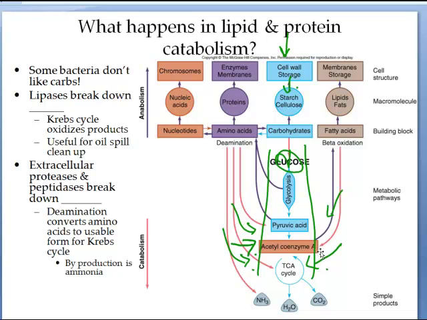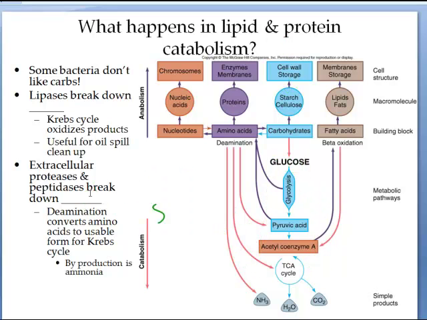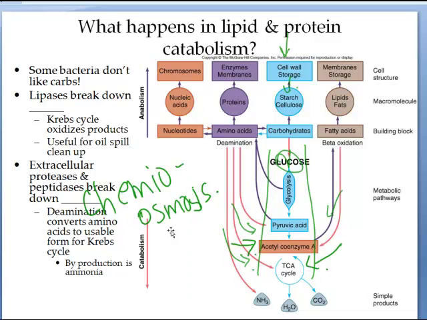So in aerobic respiration, ATP is generated in the electron transport chain, and sometimes it's also called chemiosmosis, because it's the movement of electrons across the membrane. Another name for that is also oxidative phosphorylation.